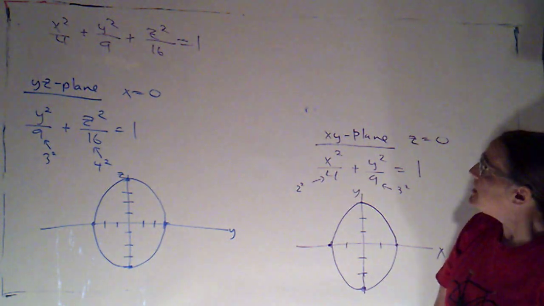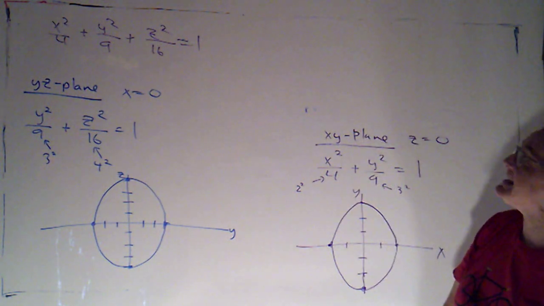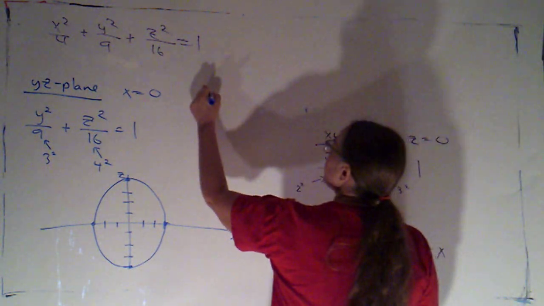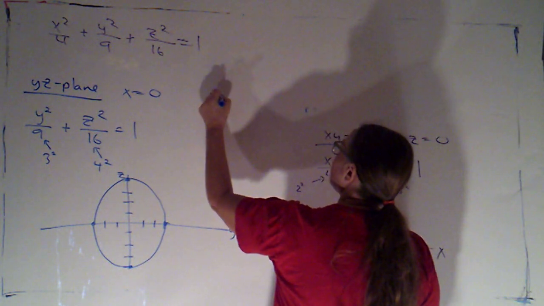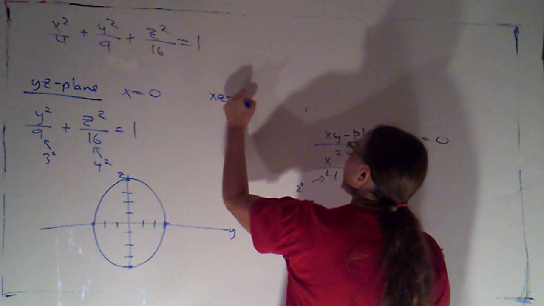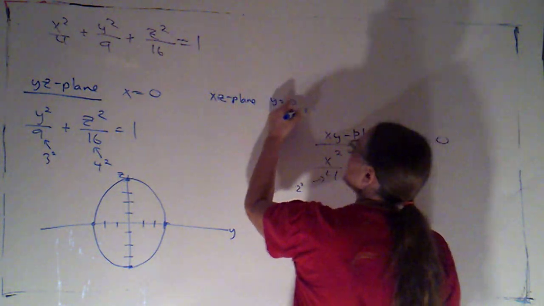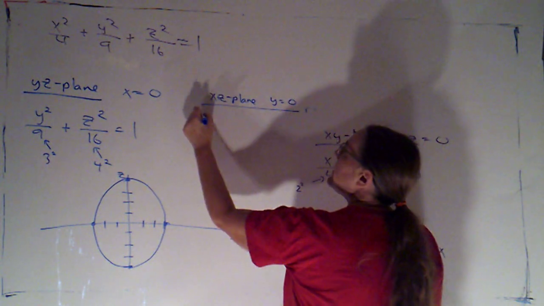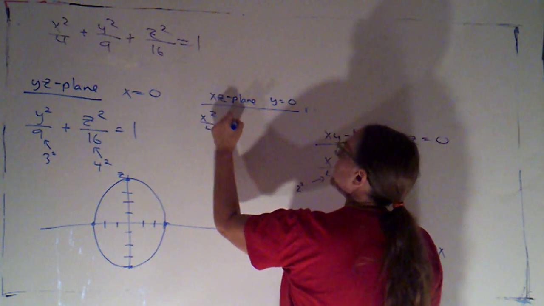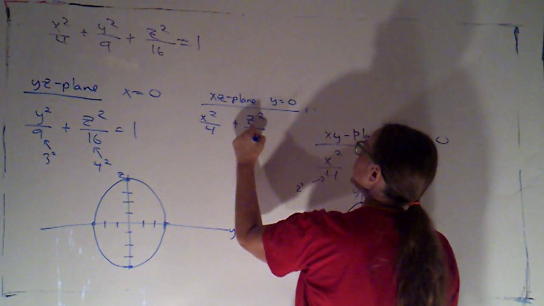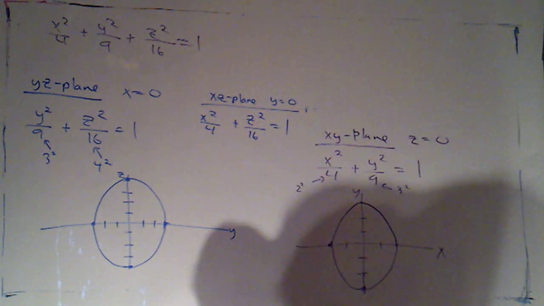All right, so what's left here is the xz plane. If I look in the xz plane, that has its equation y equals 0. So my equation would be x squared over 4 plus z squared over 16 equals 1.